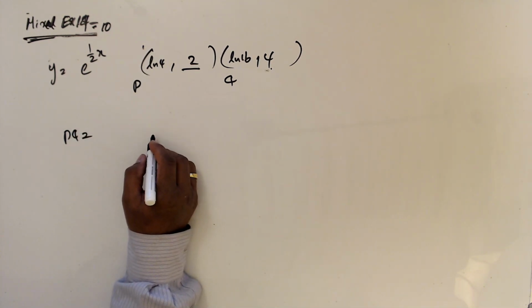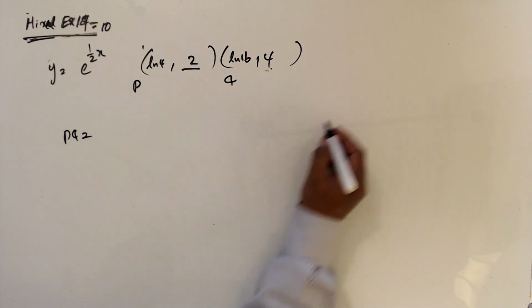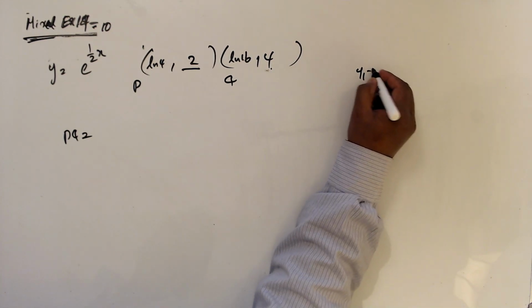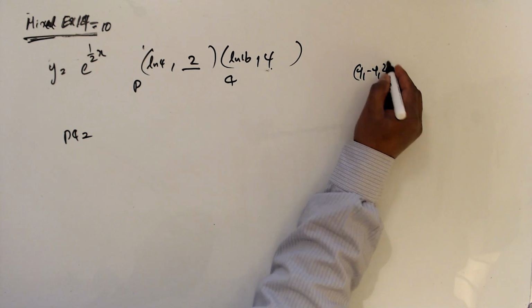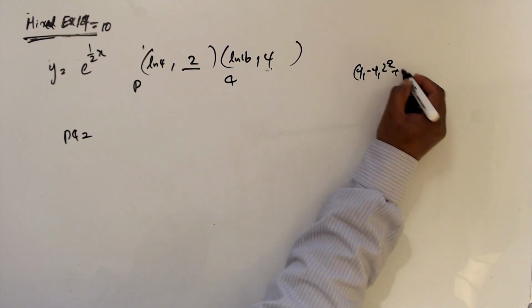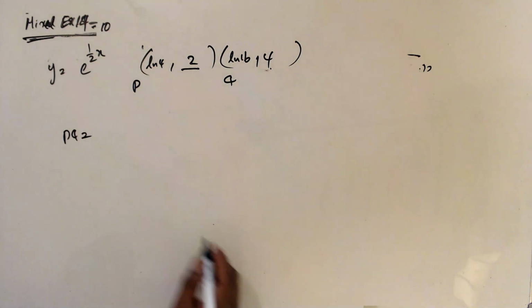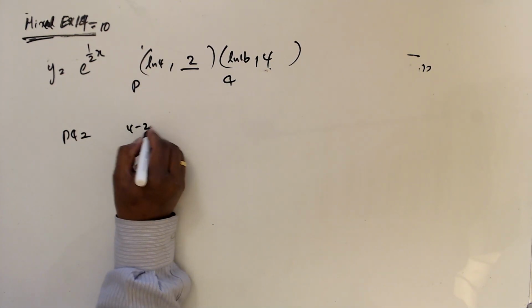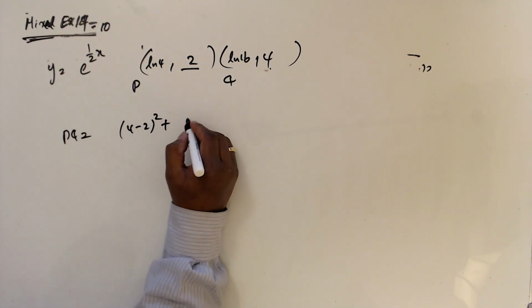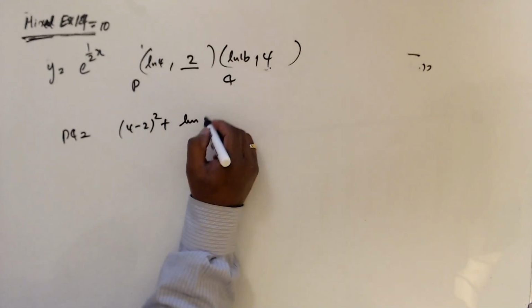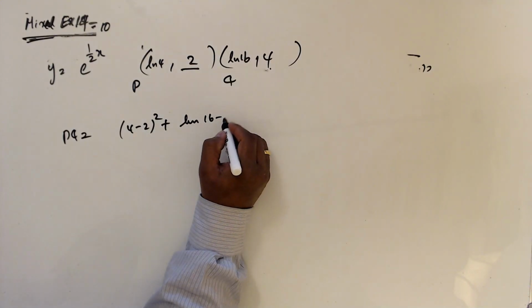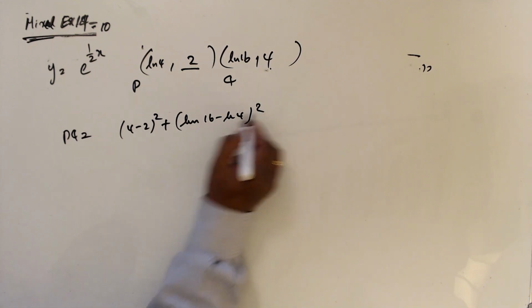Now the length PQ we need to find. So we know that the distance is the square root of (y2 minus y1) squared plus (x2 minus x1) squared. So square root of (4 minus 2) squared plus (ln 16 minus ln 4) squared.